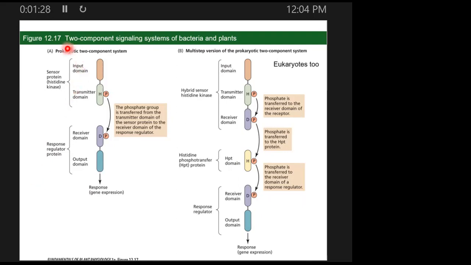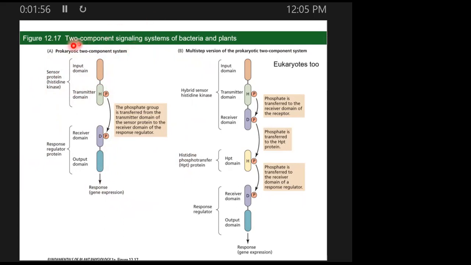So on the left, we're looking at how bacteria do it. Microbes are the first living organism on the face of the earth. And so they have a scheme in place where they have a two-component system, a sensor kinase protein and then a response regulator protein.